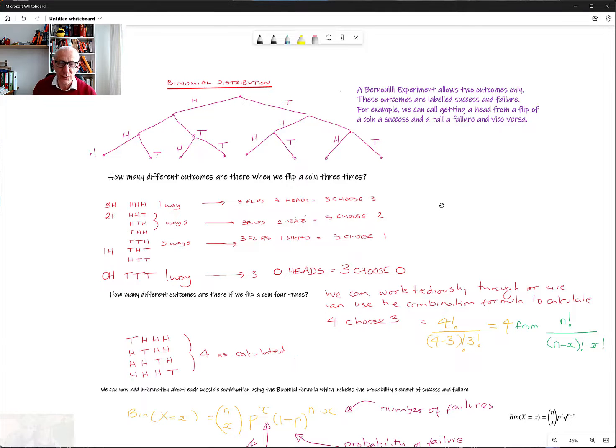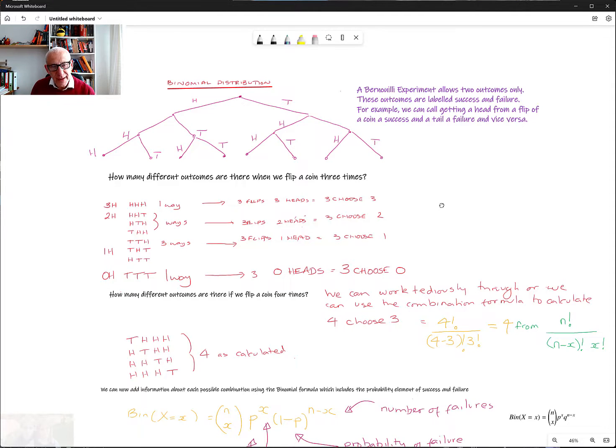The probability of each one is exactly the same. We can introduce some language such that the heads is called a success and the tails is called a failure in the experiment. But that's just semantics. You can assign any names you like to that really to understand what's happening.